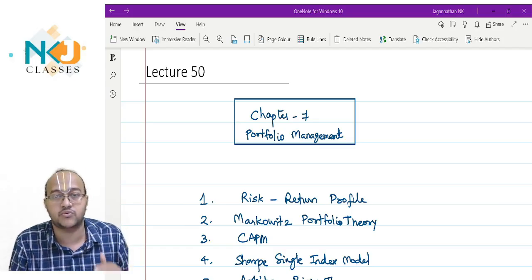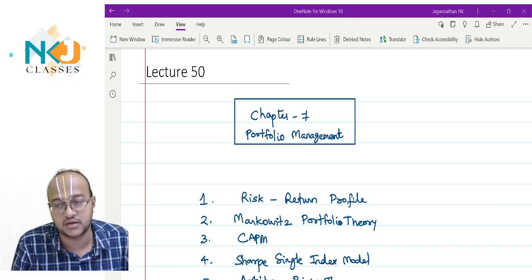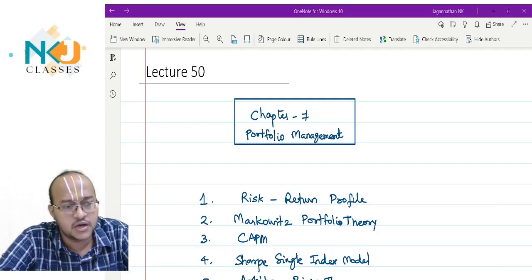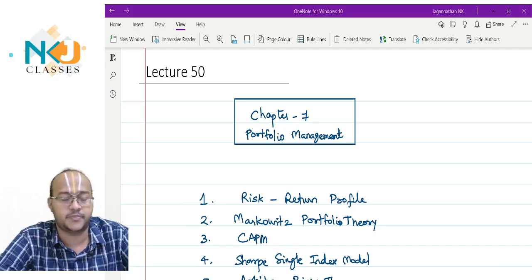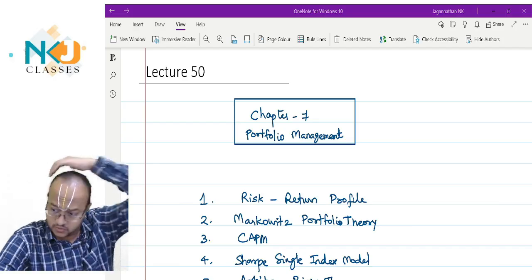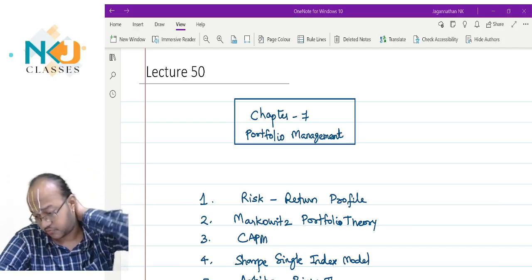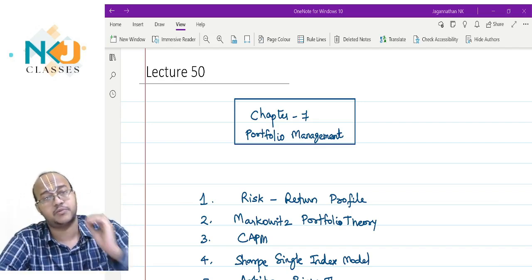Then we will move to Markowitz portfolio theory, a landmark theory which came in the late 1950s. Harry Markowitz won the Nobel Prize for this theory. Then there is CAPM, the capital asset pricing model, which was found by William Sharpe. Sharpe was also awarded a Nobel Prize for CAPM.